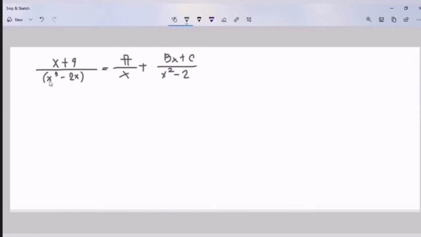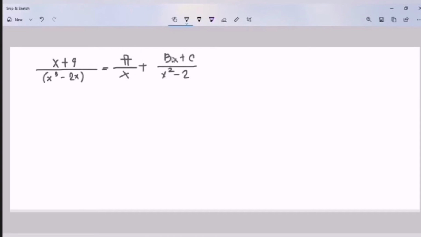That is why the first partial fraction is A over x, as it is a linear factor. So we could equate this to A over x plus Bx plus C over x squared minus 2, which is the quadratic factor.